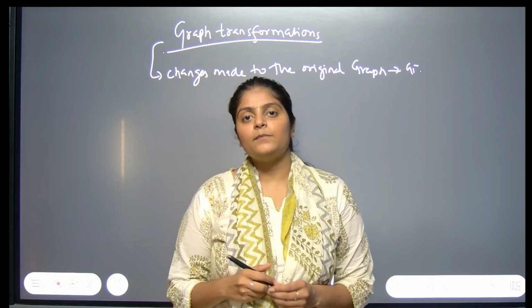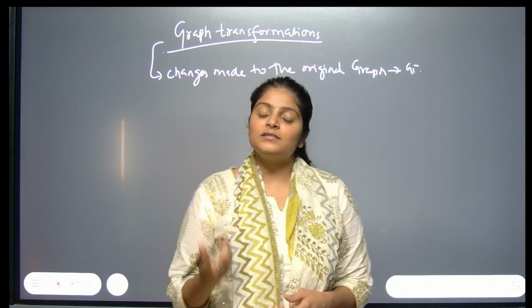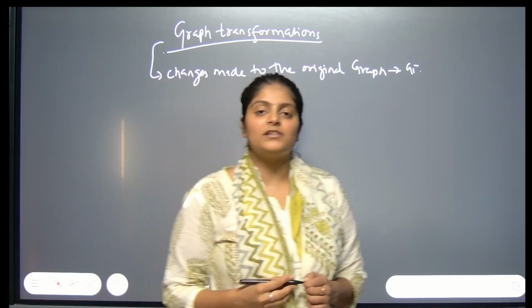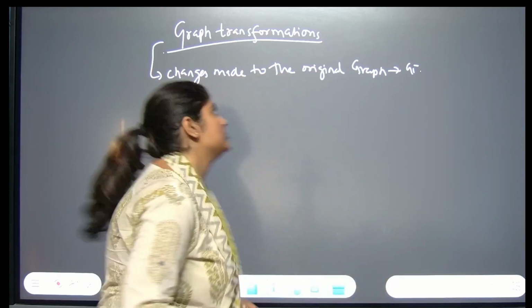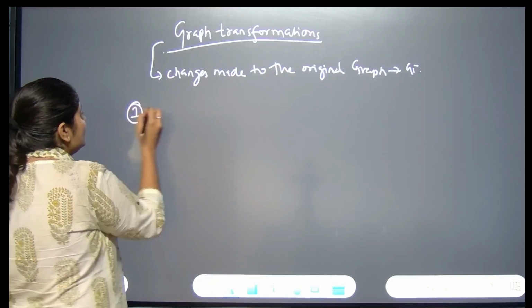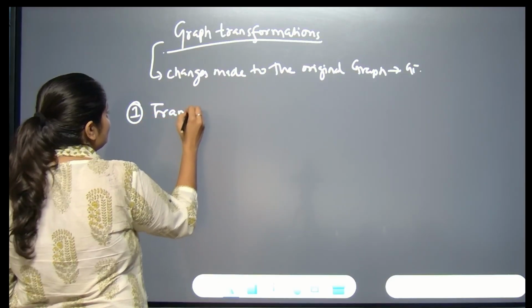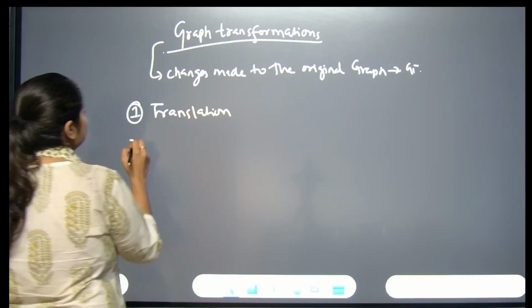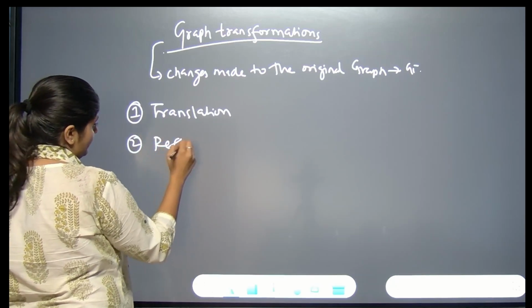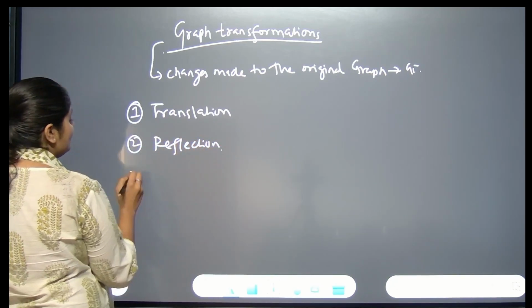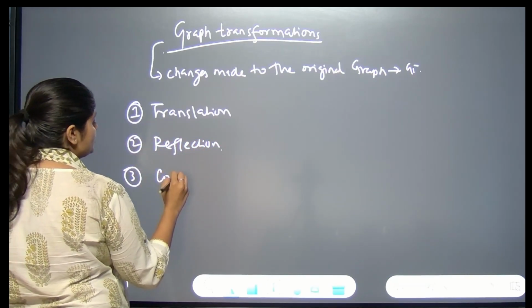So there are three types of graph transformation. First is translation, second is reflection, and third is stretching and compression. So one by one we learn this.